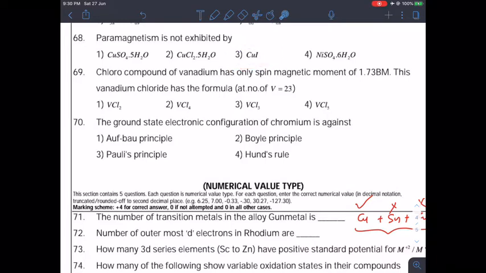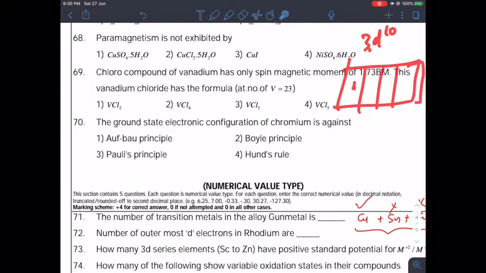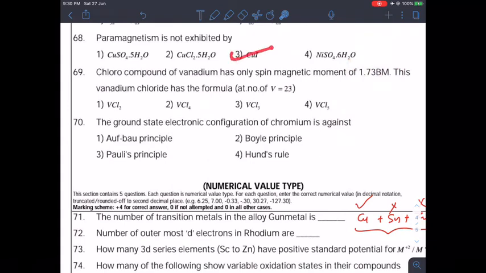In this particular case, copper is present in the copper plus 1 state, and the configuration of copper plus 1 is straight away 3d10. If 3d10 is there, do we have any unpaired electron? The answer is no. If there is no unpaired electron, it will be diamagnetic. So straight away the answer will be the third one. This will not show paramagnetism.